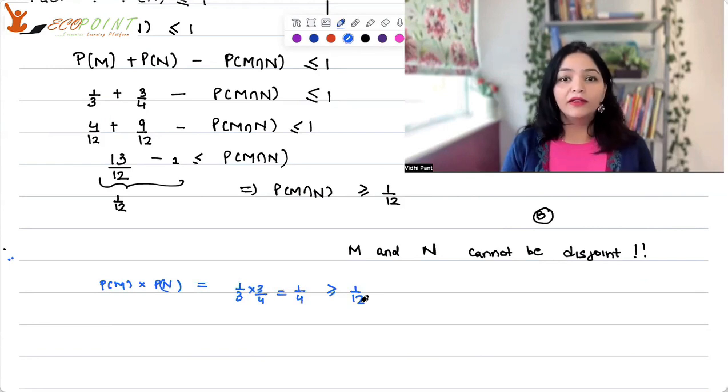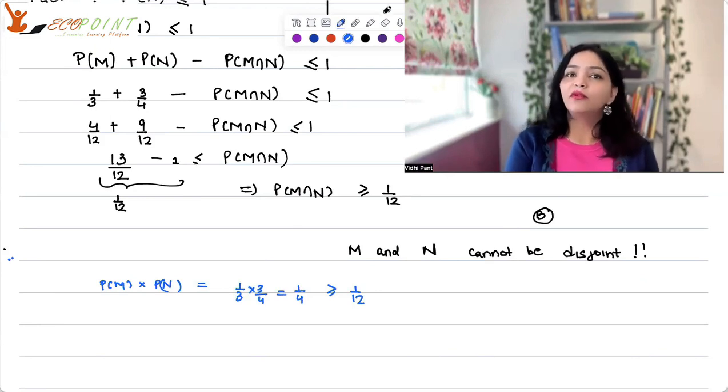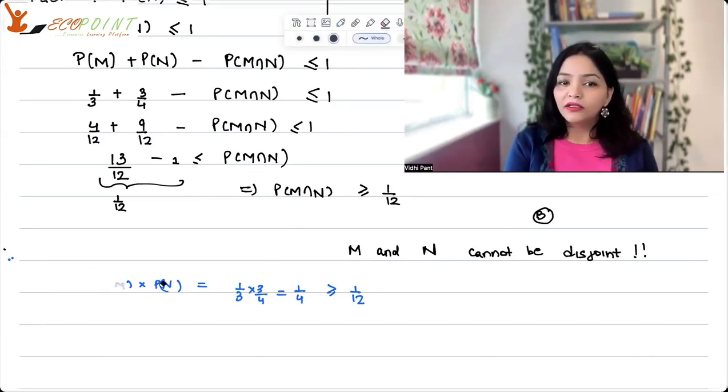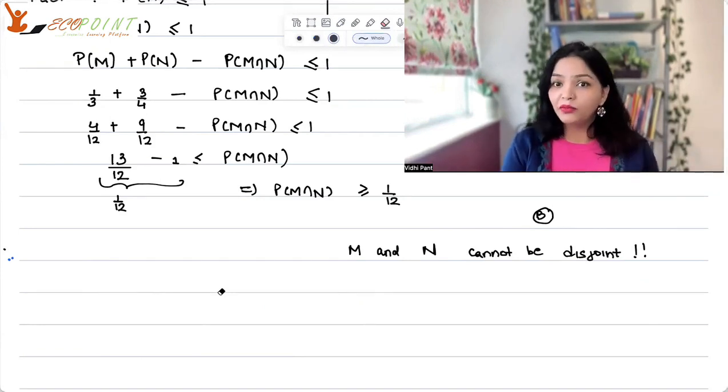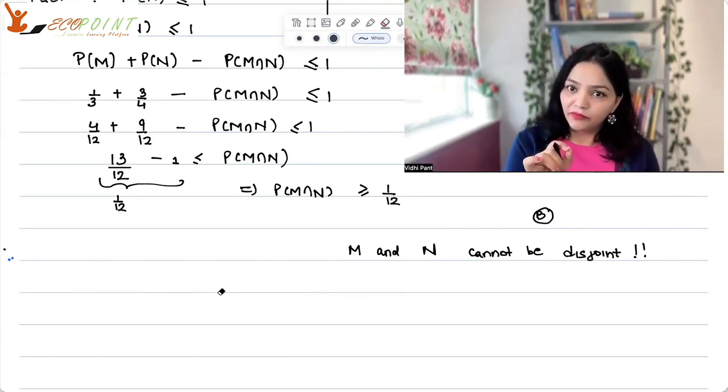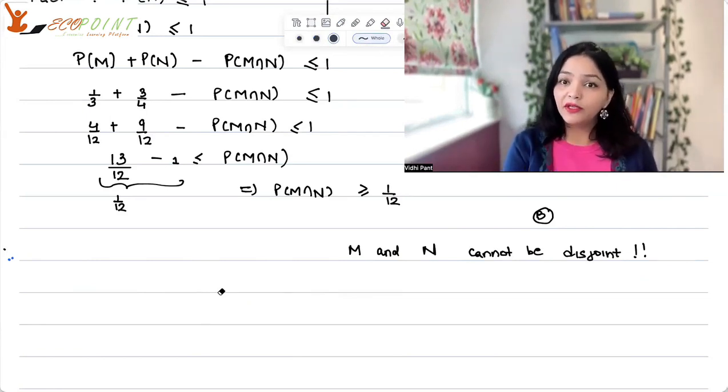If they are independent, then the probability of the intersection has to be exactly 1/4. We cannot say that, there is nothing else provided to us. So therefore, that option is not necessarily the correct option. It can be true, it may not be true. We don't have enough information, but we have enough information to say that necessarily they are not disjoint.